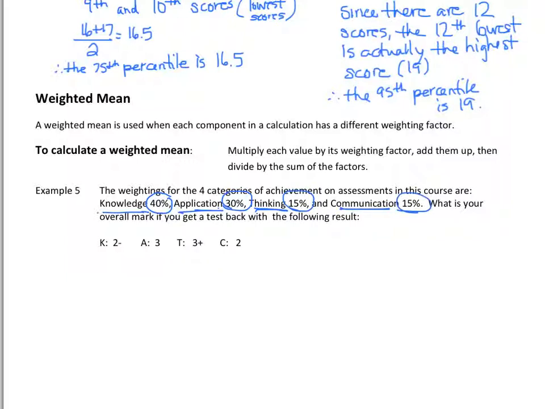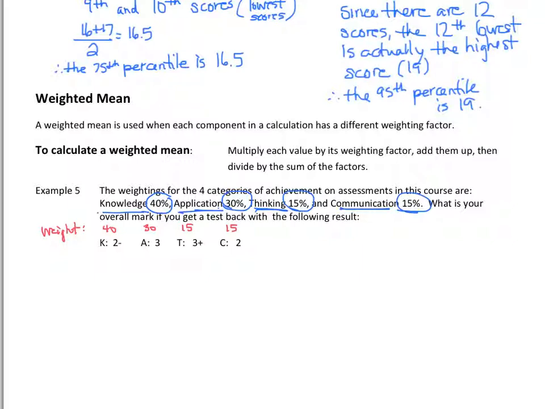So if you get a test back, and these are your levels, 2-, 3, 3 plus, and 2, I'm going to show you the process that you would have to go through in order to change those levels into an overall percent. So what we'll do first is write the weights that we were just referring to above each category. So we said knowledge is 40, application is 30, thinking is 15, and communication is 15.